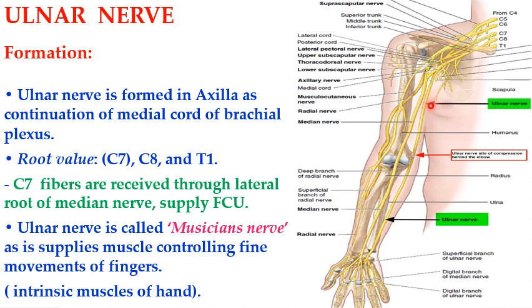So the root value of the ulnar nerve being C7, 8 and T1. The ulnar nerve, as told, is called the musician's nerve because it supplies most of the intrinsic muscles of the hand, which are involved in controlling fine movements of the fingers.